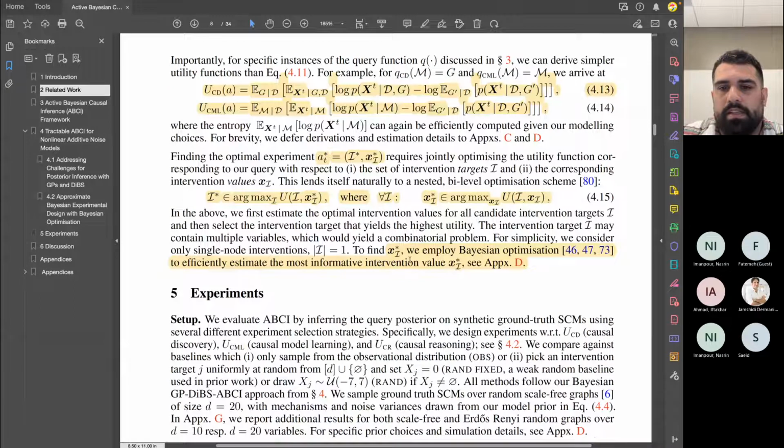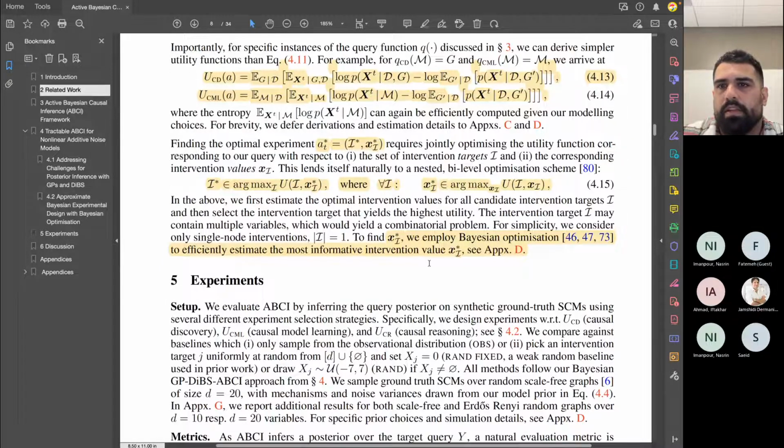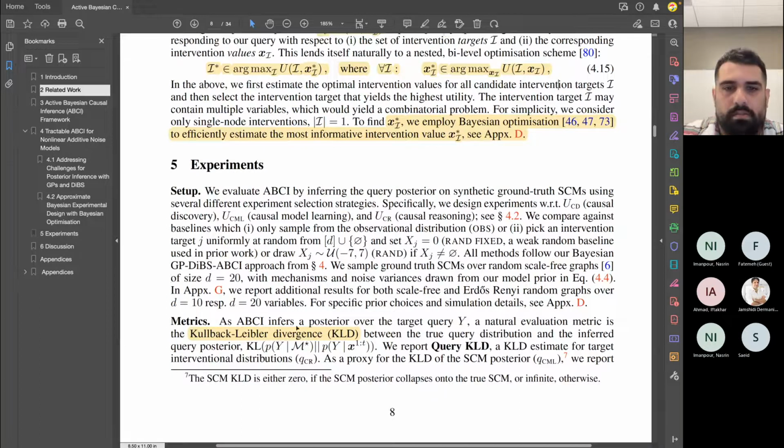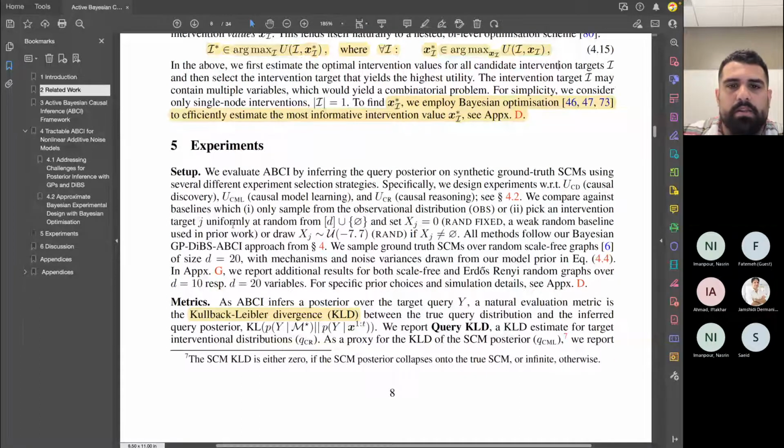This is how they use Bayesian optimization to inform their interventions, and in the appendix they show how they do that. So for the interest of time, I skip to the experiments. Hopefully in about 7-8 minutes I can explain this, and then I'll stop for questions.